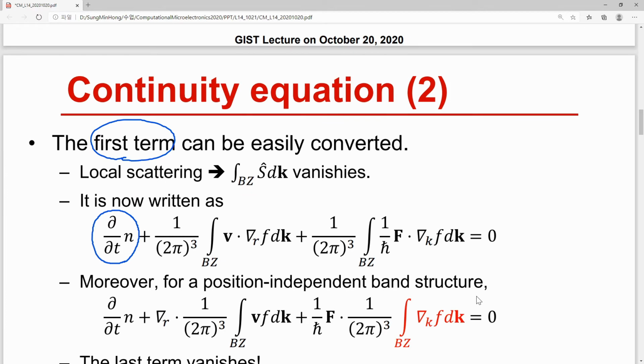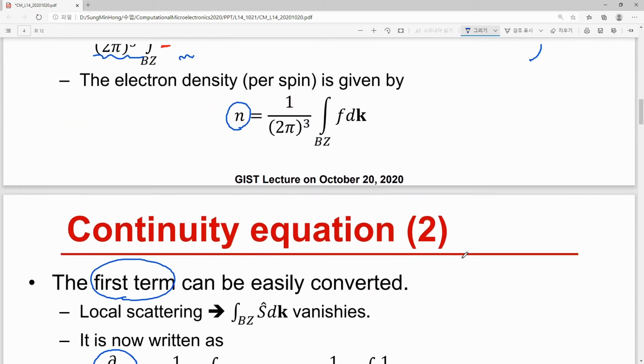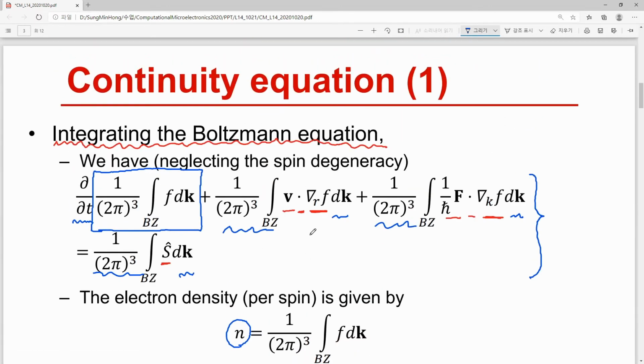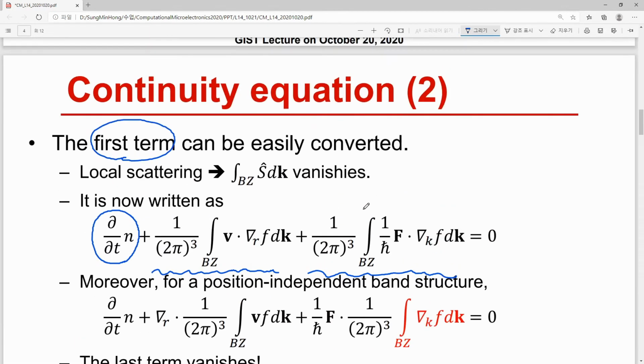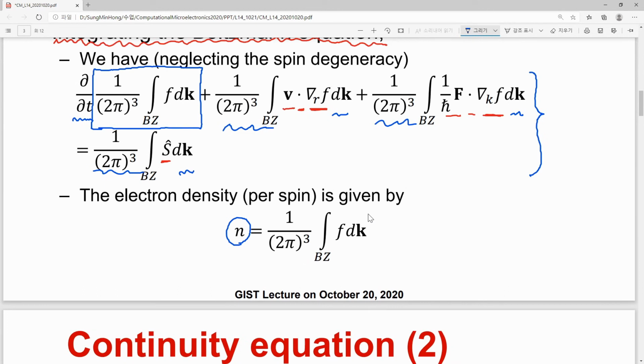And here we have a second term and third term. I just copy and paste it there. And now we have on the right hand side the scattering and its integration.